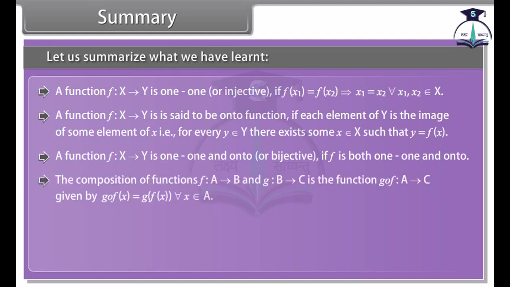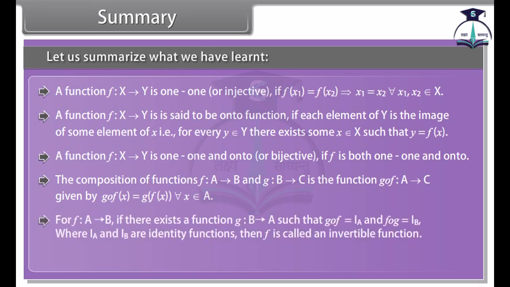The composition of functions f from A to B and g from B to C is the function g o f from A to C given by (g o f)(x) = g(f(x)) for each x belongs to A. For function f from A to B, if there exists a function g from B to A such that g o f = I_A and f o g = I_B, where I_A and I_B are identity functions, then f is called an invertible function.